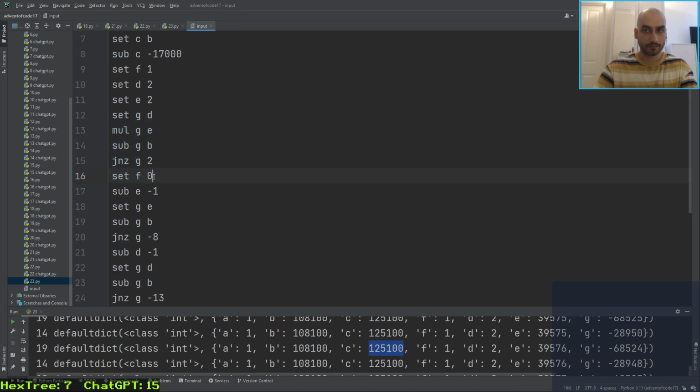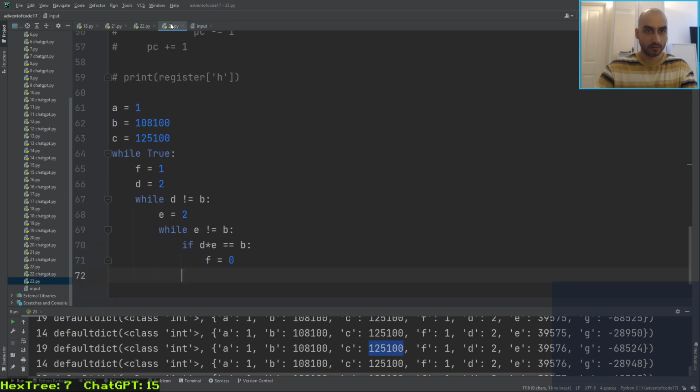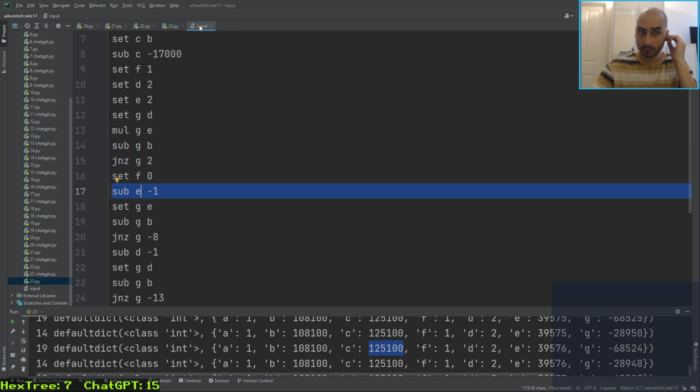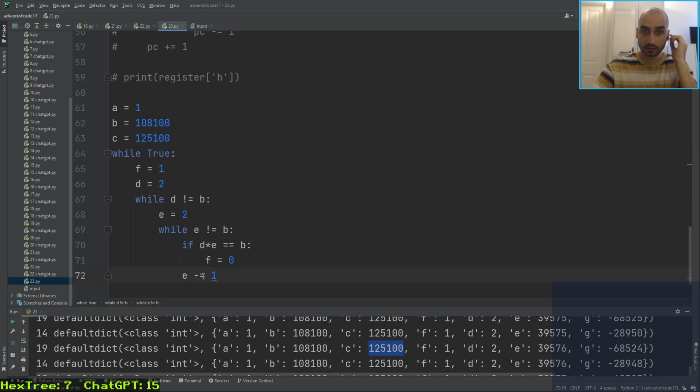Either way, we move on to this bit now. E minus 1, okay. E minus equal 1. Sorry, E plus 1. That's important.